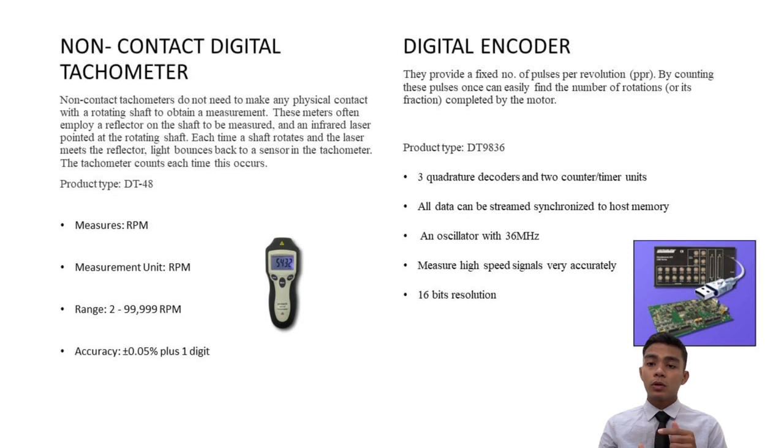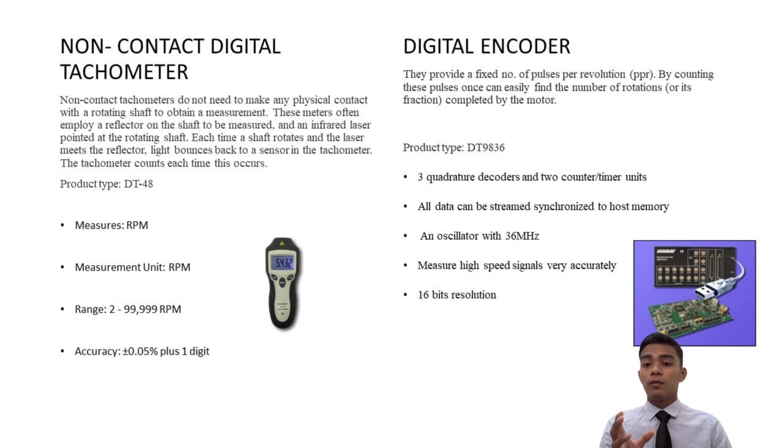The first one is a non-contact tachometer, and the second one is a digital encoder. The non-contact tachometer does not make any physical contact with a rotating shaft to obtain the measurement.